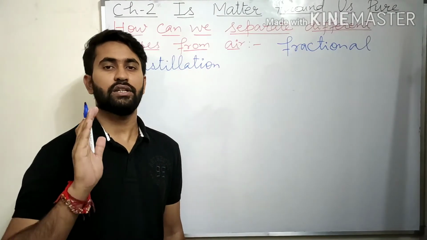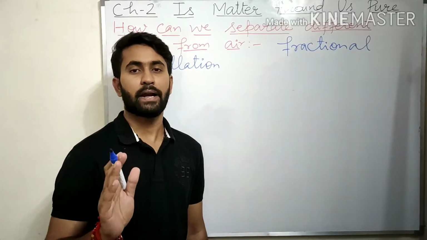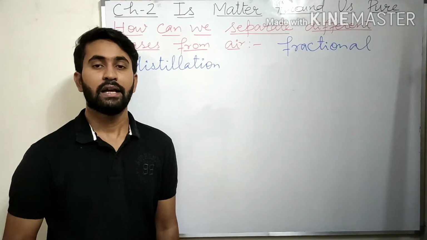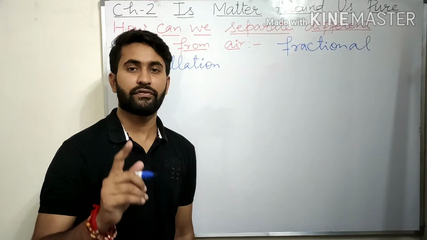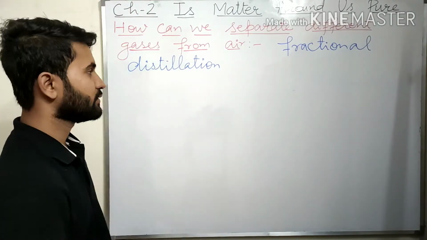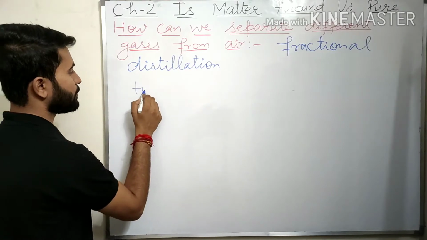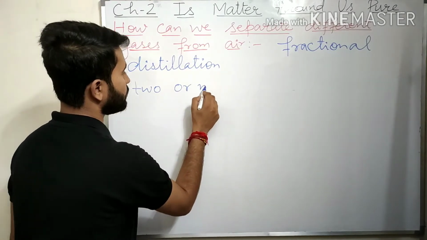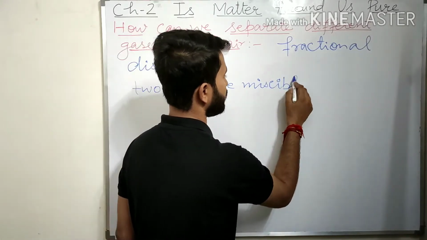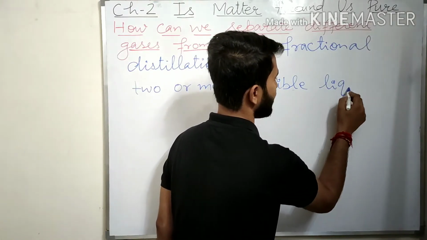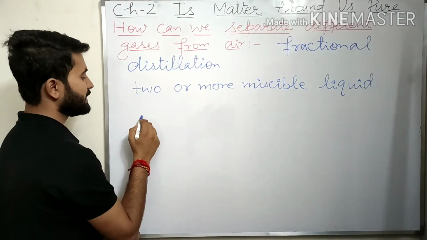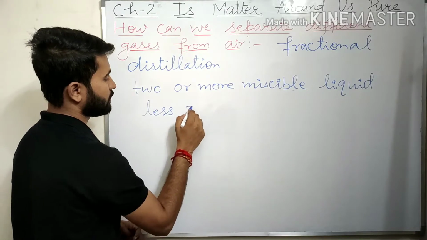Fractional distillation is used to separate the mixture of two or more miscible liquids that have a difference in their boiling point of less than 25 Kelvin.